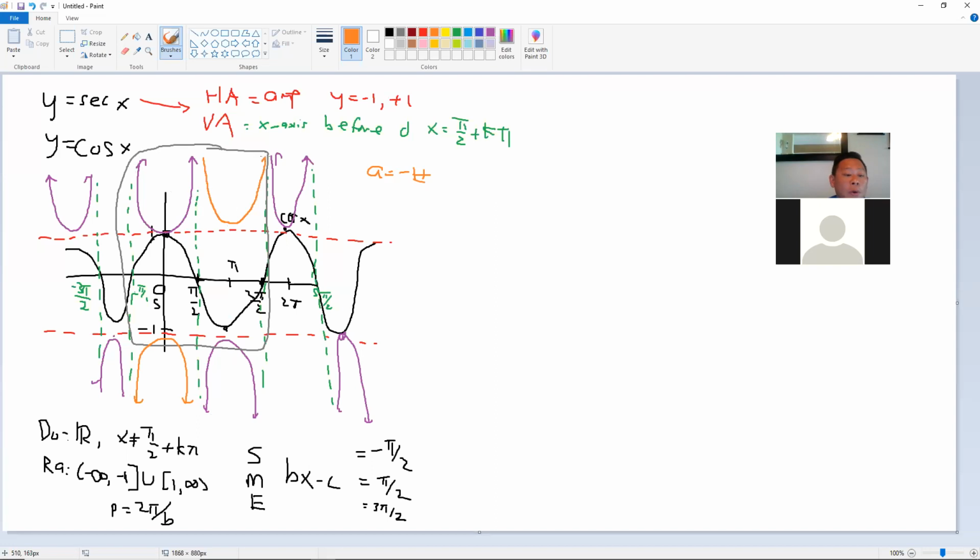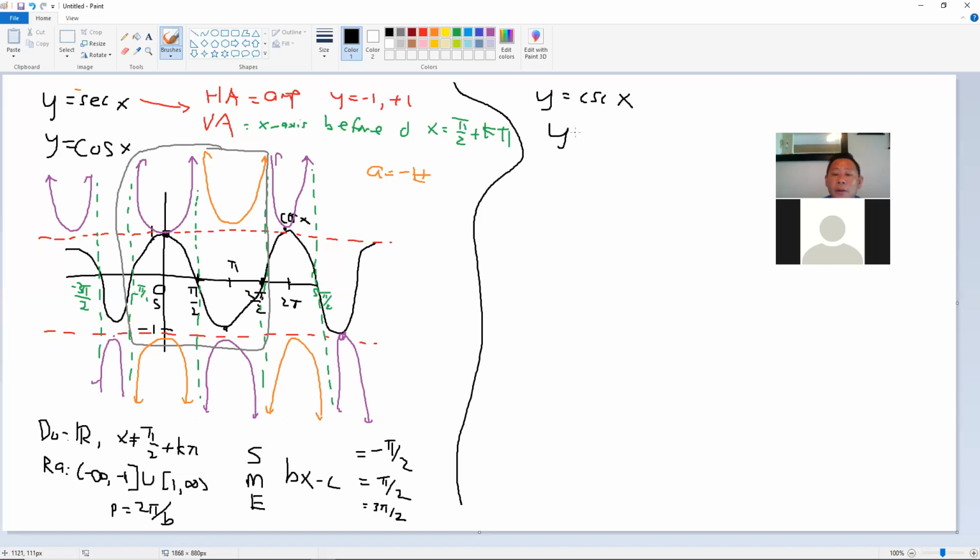So the orange graph that I draw here is your secant graph if your a is negative. That means you got a negative secant graph. So you just need to reflect up to down, down to up. You guys all right here with the secant graph? Do you have any questions for me?